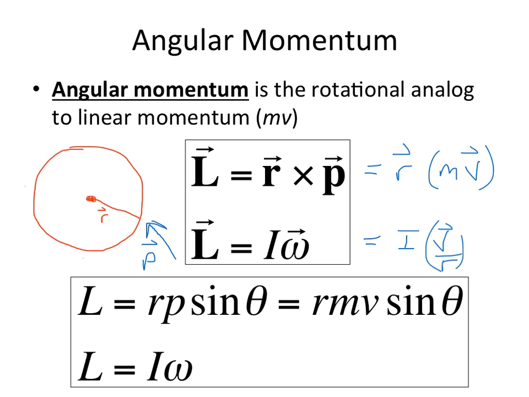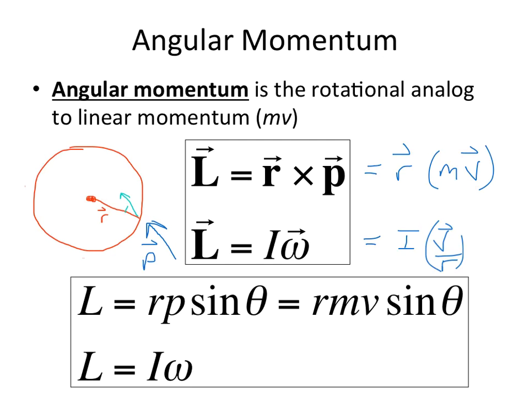I'll draw it in lighter blue so it doesn't get too cluttered. You'd actually be hitting it at that angle right there. So you're not actually hitting it at a 90-degree angle, but you do have to account for the angle.